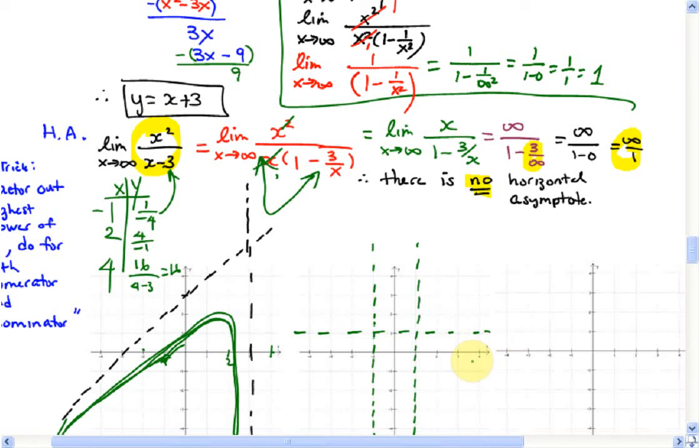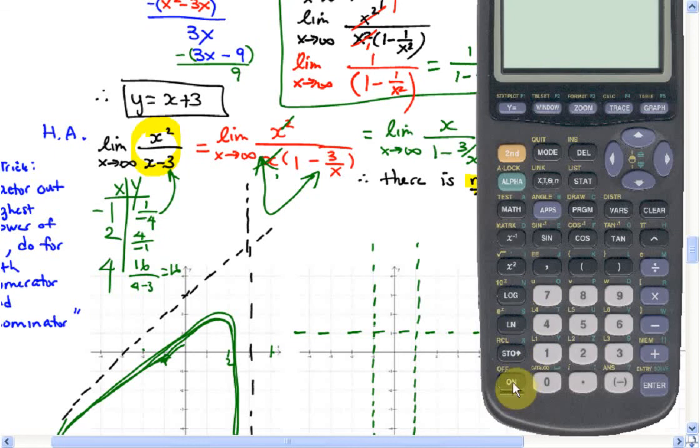So now you have to decide what the graph looks like. You can make a table of values if you wish. Or in this case, I'll just quickly graph this out because I don't want to waste your time. But if you were to graph it out and take a look, you get the following. So in essence, what the graph looks like is the following.